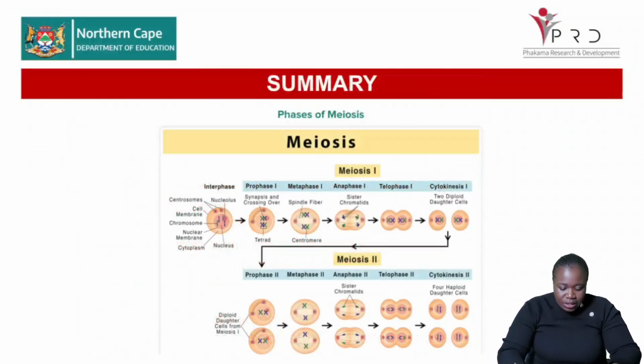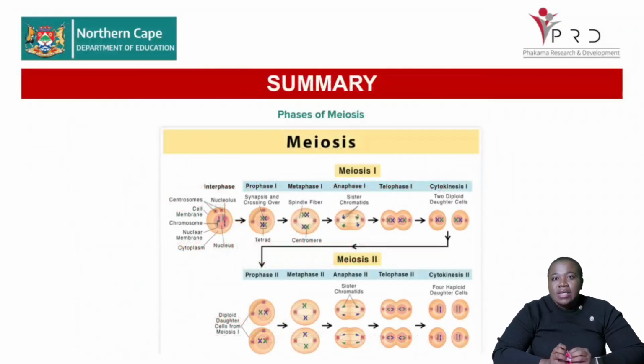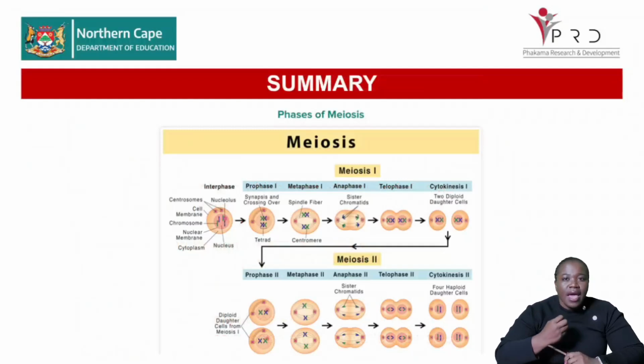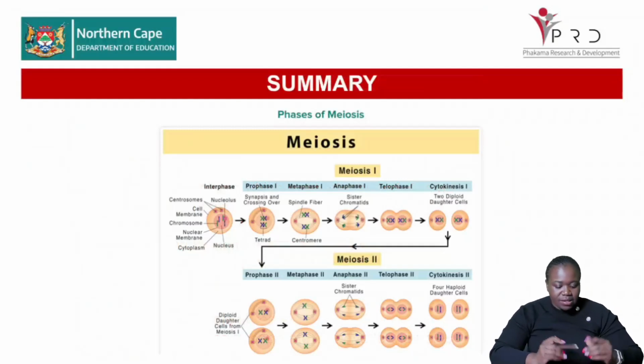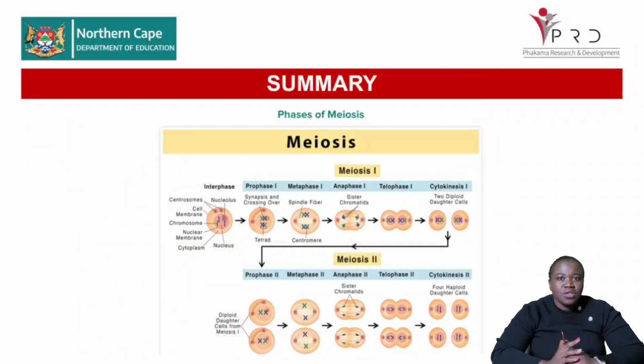Okay, let's quickly just summarize what we just looked at. Mainly here we were looking at Meiosis I and Meiosis II. What were we focusing on? The understanding of what happens during each phase and why these events were taking place during each phase. Each phase has its own event that is very important for the whole process, starting with interphase.